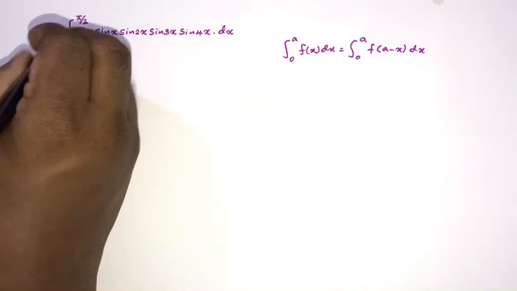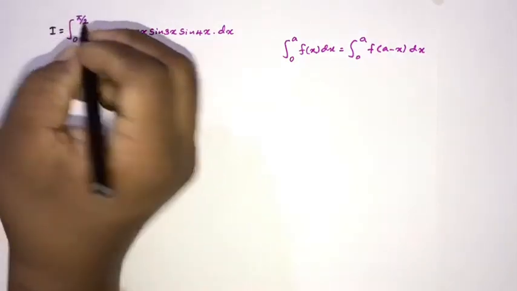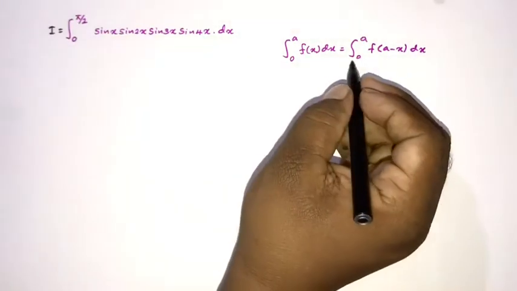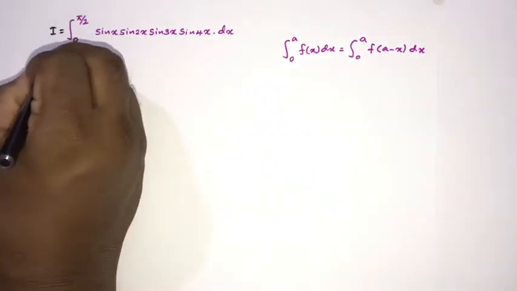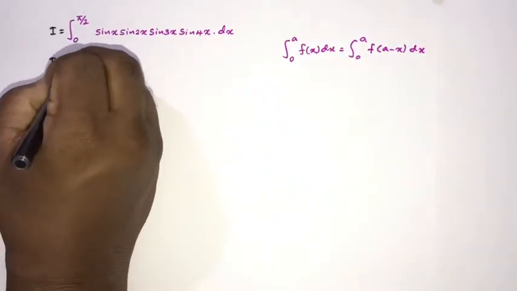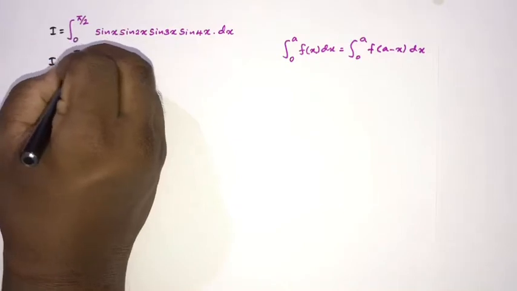So if we take our integral as I, then we can apply this formula. We can write I is equal to the integral from 0 to pi over 2.